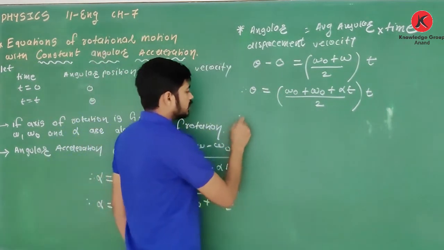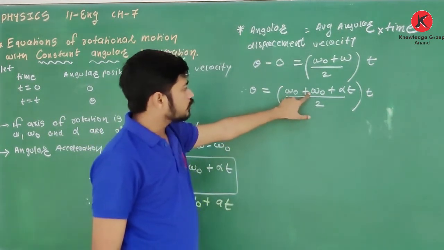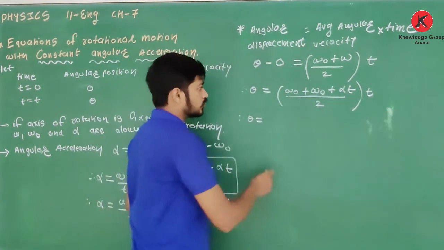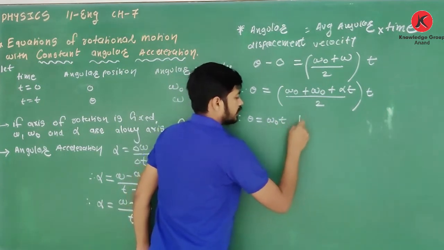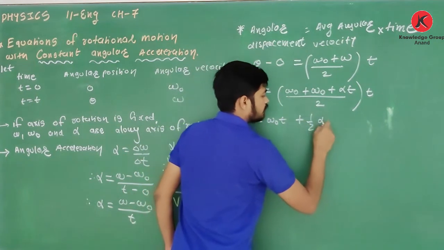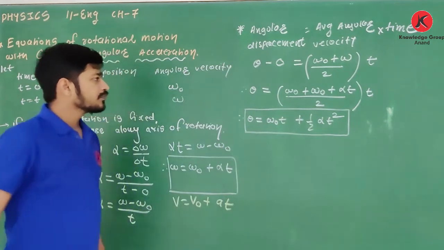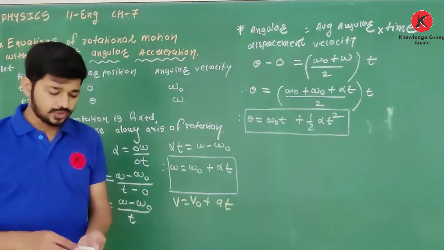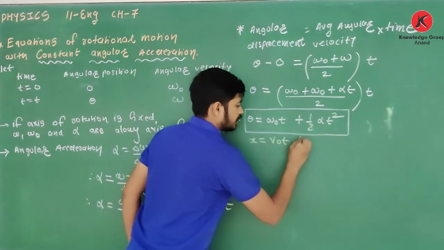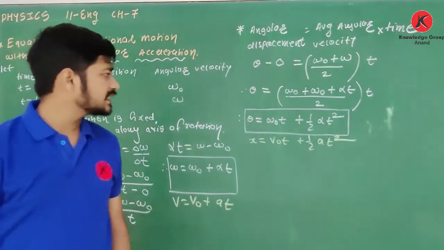See how to simplify this: omega 0 plus omega 0, 2 omega 0 t divided by 2 cancels, so it is only omega 0 t plus alpha t into t, alpha t square divided by 2, means it is half alpha t square. So yes, it is the second equation, which is similar to x is equal to v0 t plus half a t square. Simple.